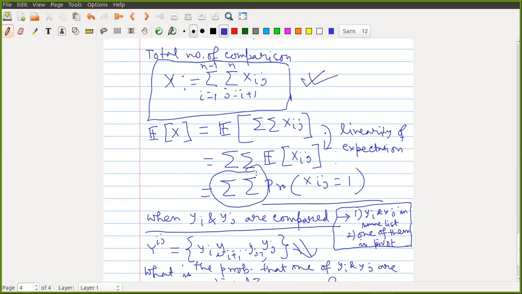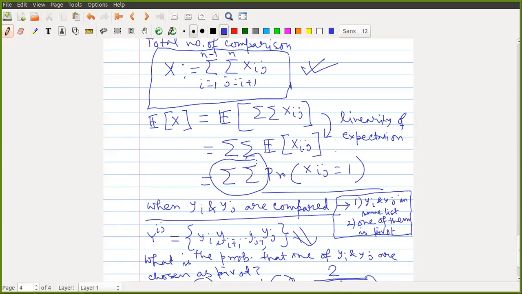So you are saying that whenever I increase the size of the list, this probability will change, right? Yes. Whatever I am comparing, this xij, depends upon i and j. For every pair of i and j, we'll be comparing this xij, right?